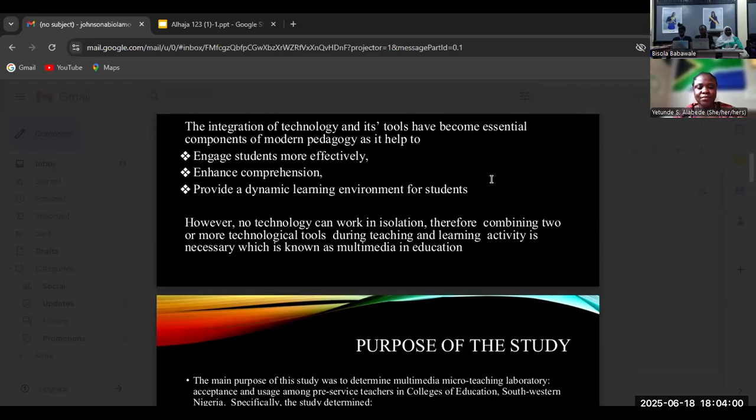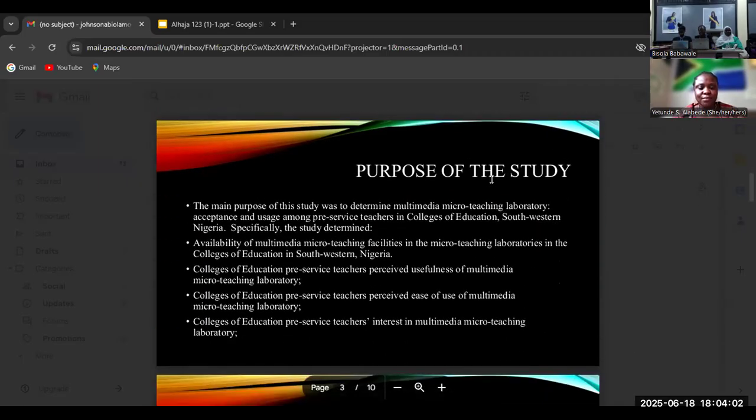The purpose of the study looked at the availability of multimedia micro-teaching in our micro-teaching laboratory, the service teachers' perceived usefulness of this multimedia micro-teaching lab, the perceived ease of use, and the service teachers' interest in the use of the multimedia micro-teaching lab. Next slide.